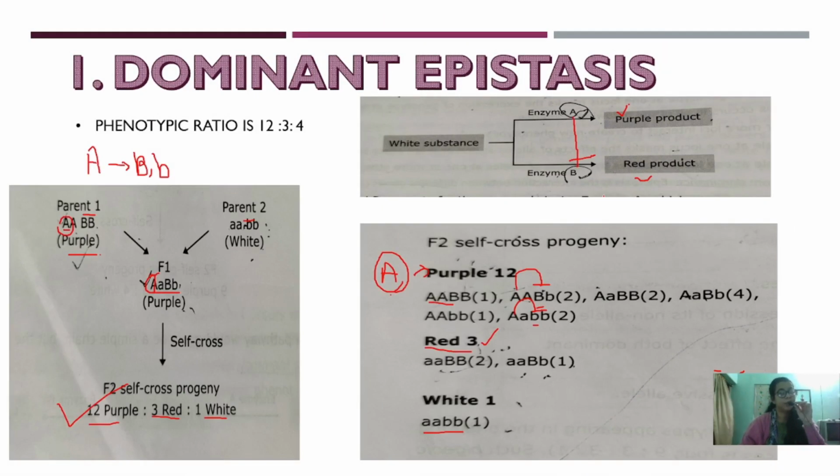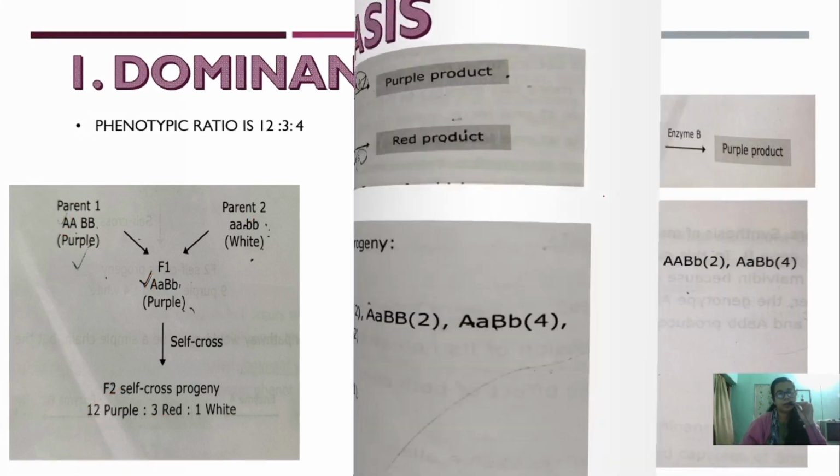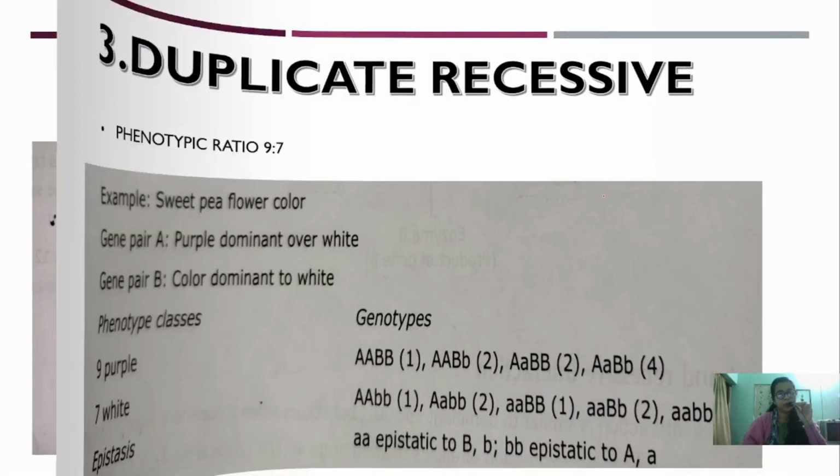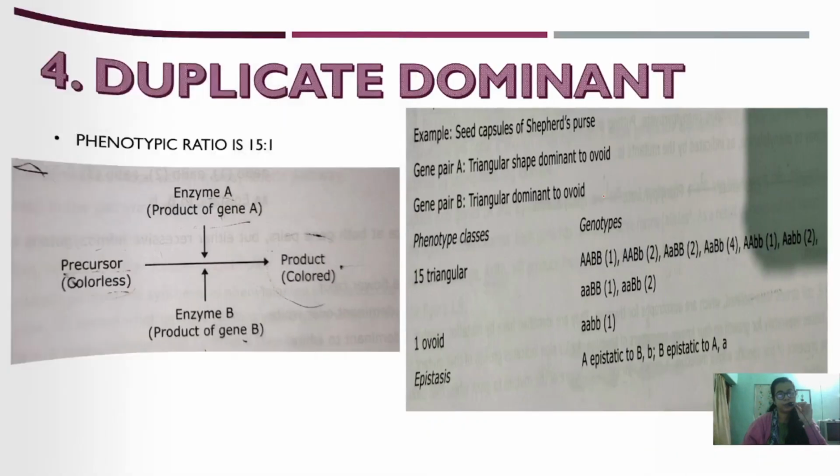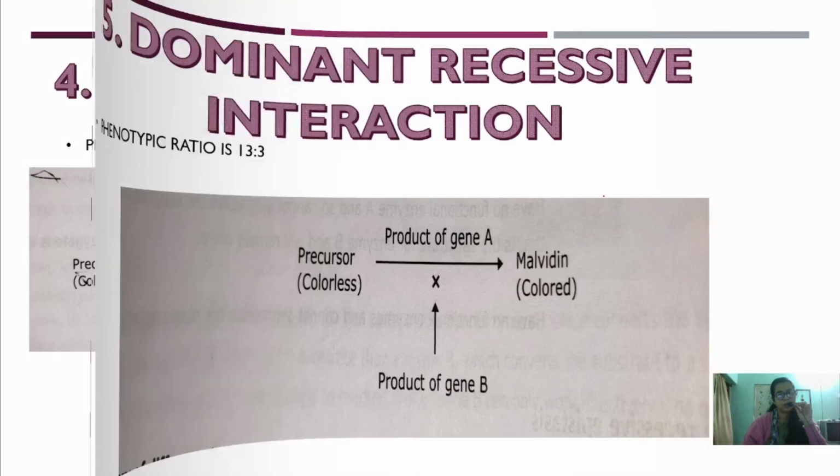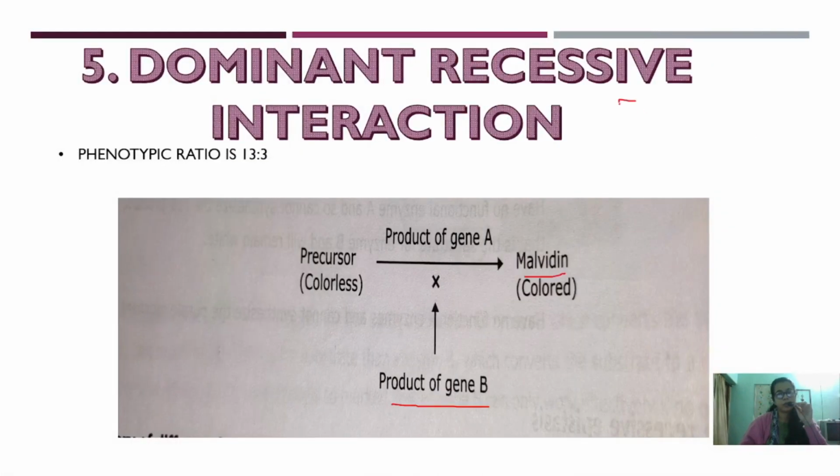Now we will see how to remember the trick of these ratios. Okay, wait a minute. Here I am writing, you know that the ratio of 9:3:3:1 is the ratio of the dihybrid cross of the Mendelian cross.